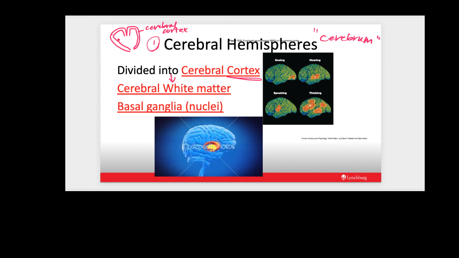And as we've found out before, the white matter is going to be mainly consisting of myelinated axons and tracts of fibers. So this is where the cell bodies are going to be located, out here in the cerebral cortex. And then their axons are going to be traveling through the white matter on their way to other structures.